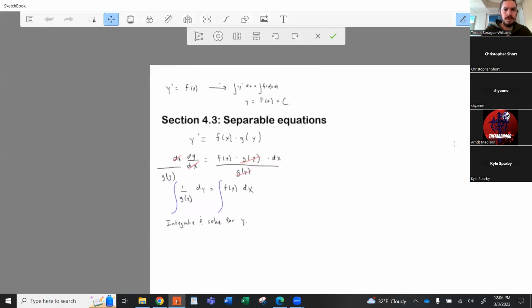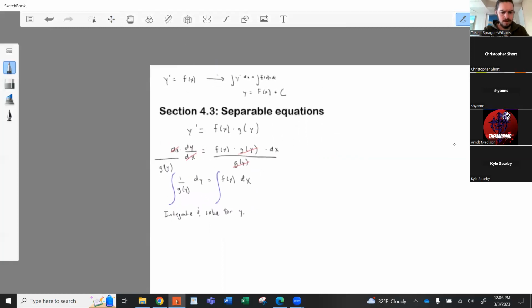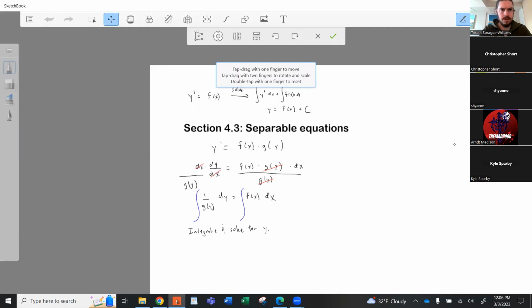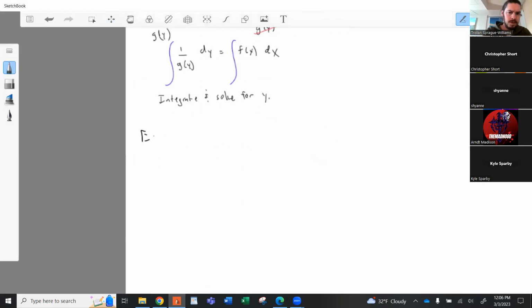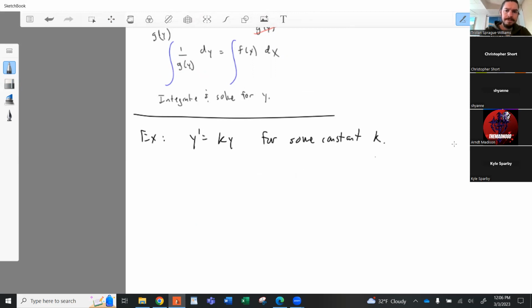Okay, so for our first example, let's look at y prime equals ky for some constant k.